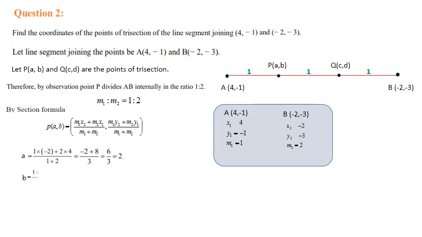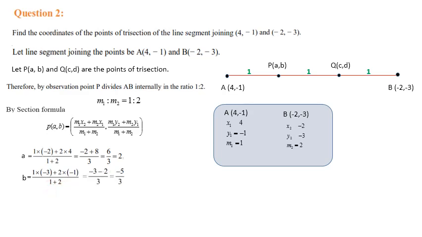Now we have to move on to find the y coordinate, that is (m1y2 + m2y1)/(m1 + m2). First m1y2: m1 is 1 and y2 is -3, so 1 into -3, plus m2y1, where m2 is 2 and y1 is -1, so 2 into -1, divided by m1 plus m2, that is 1 plus 2.